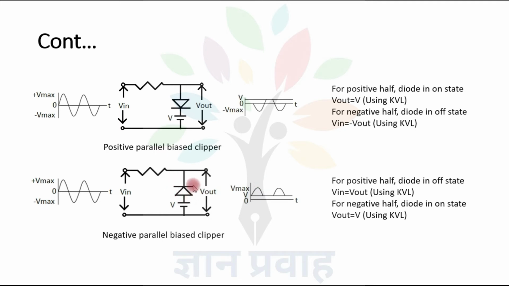This PN junction diode will be in forward bias if the potential at the P side is large as compared to the potential available at the N side. For the negative half, the potential at this side is positive and the potential at this side is negative.